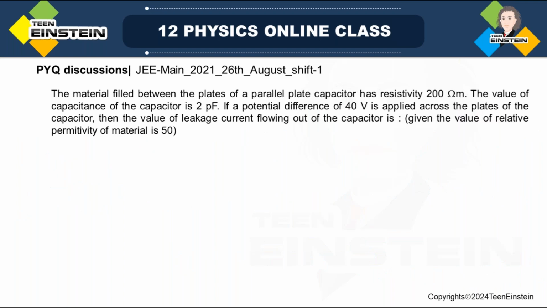This is actually a very interesting problem, and probably a really unique type of problem from the parallel plate capacitor. Let us try to understand the problem and solve it. So this problem says the material filled between the plates of a parallel plate capacitor has resistivity 200 ohm meter.